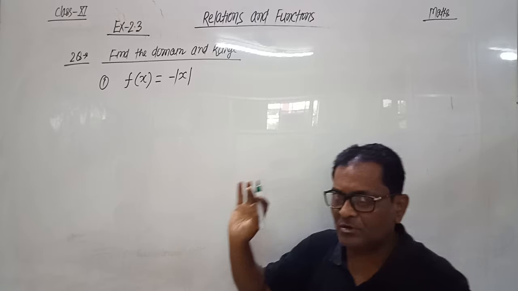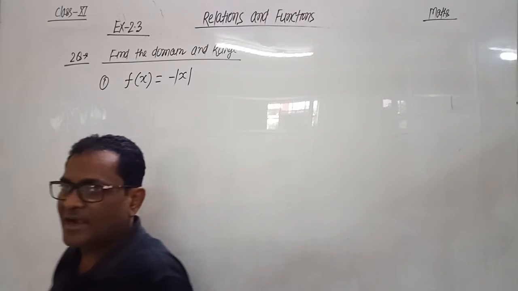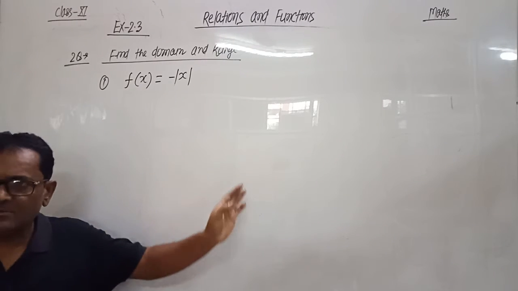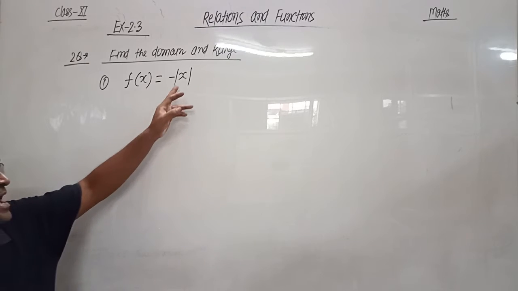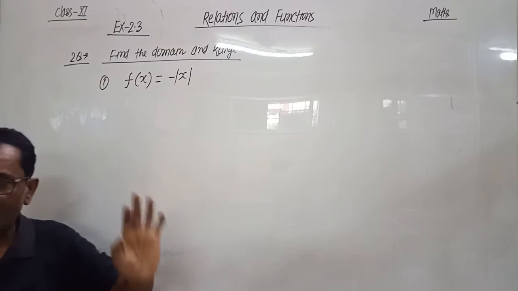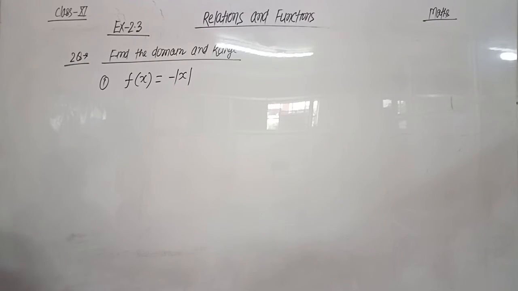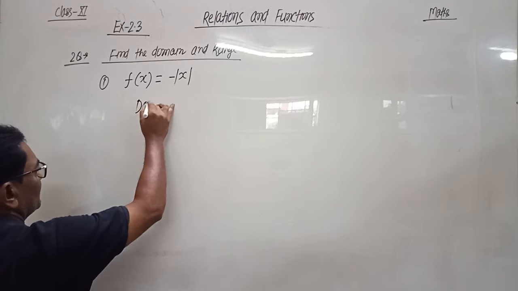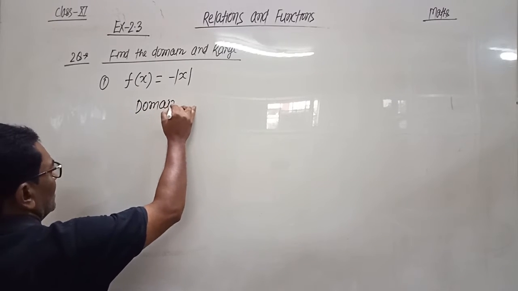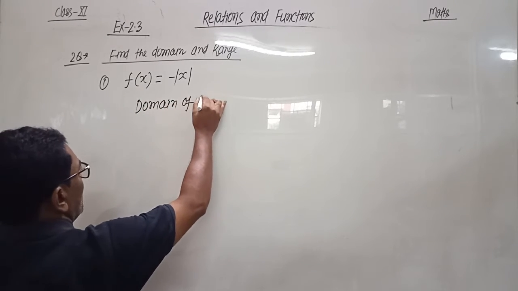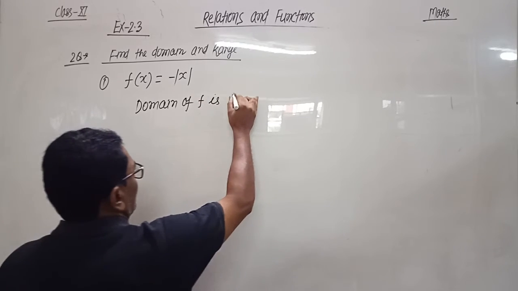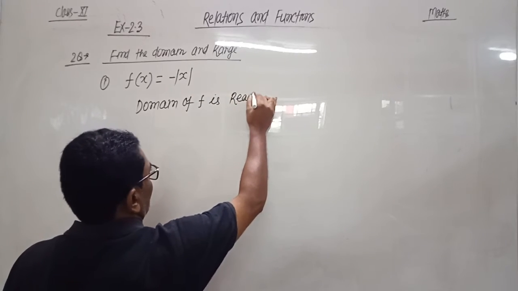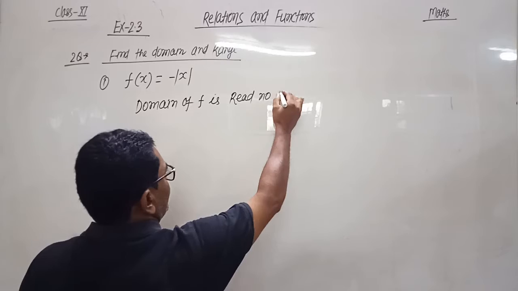x is the input which we have to take. So we can take positive real numbers as well as negative real numbers. And the value of x which we take is the domain. So the domain of f is real numbers.